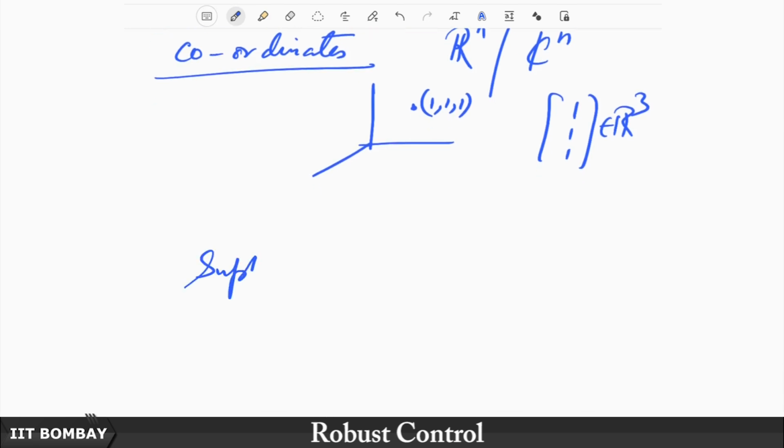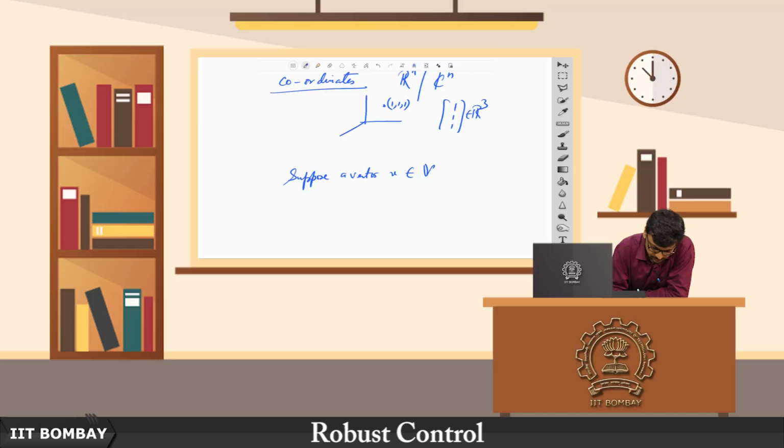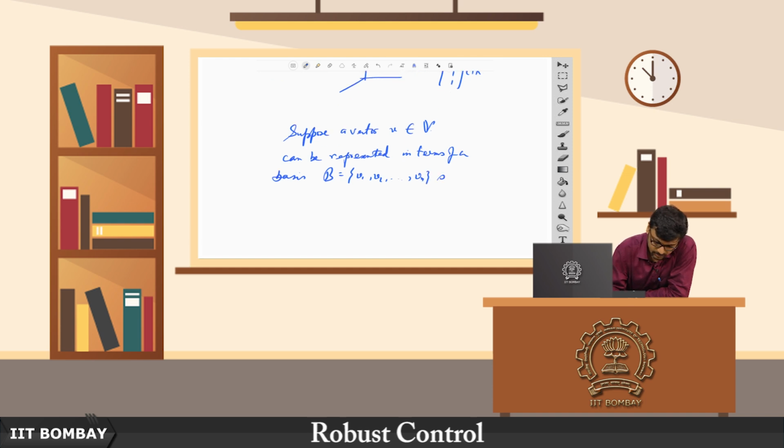Suppose a vector V in the vector space V can be represented in terms of a basis B = {V1, V2, ..., Vn}, such that V = alpha 1 V1 + alpha 2 V2 + ... + alpha n Vn.